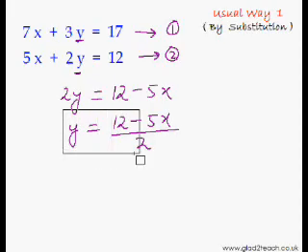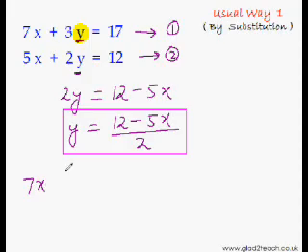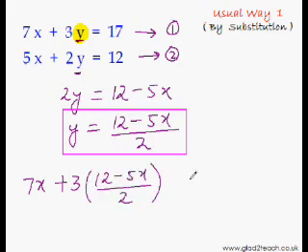Now we have this value of y, so we can substitute this entire value into this other equation. So we would have 7x plus 3, and in place of this y, put this value, equal to 17.